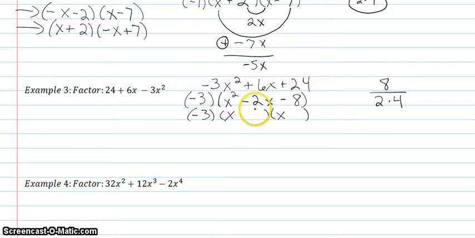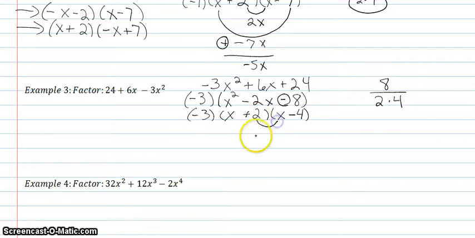So I'm going to use a 2 and a 4, and because this is negative, they're going to be different signs, and that's why we're looking for a difference of 2. And because that 2 is negative, I need to make my bigger number negative, so I'm going to have a negative 4 and a positive 2.